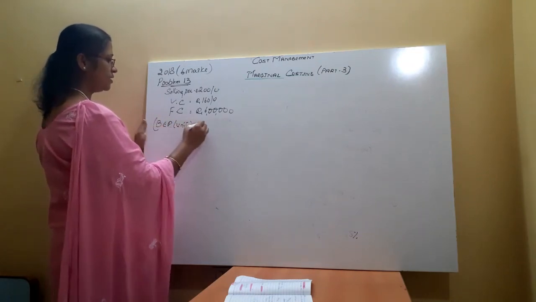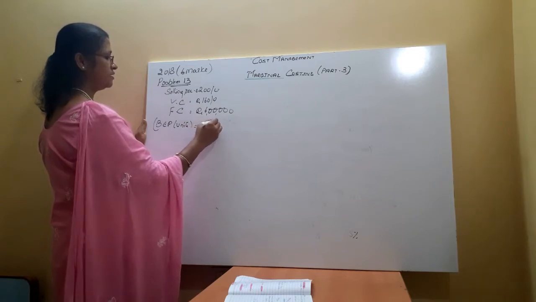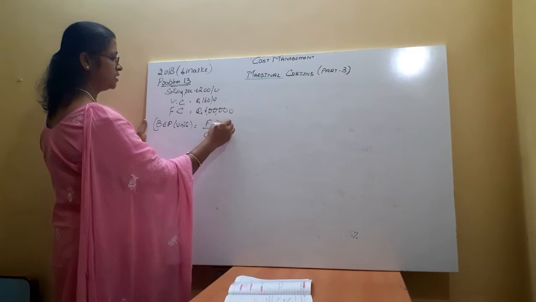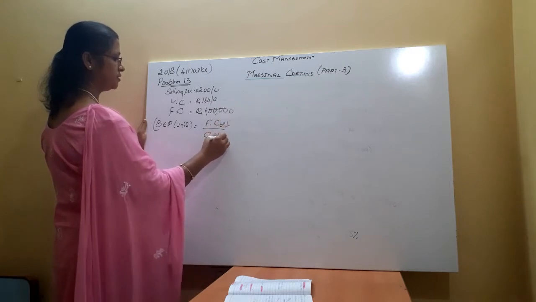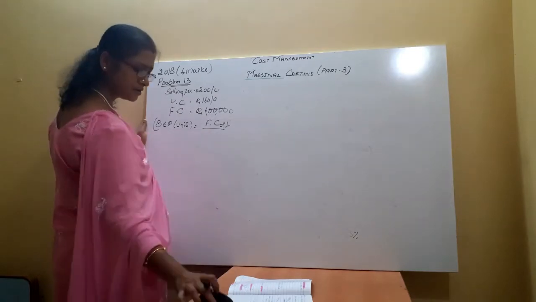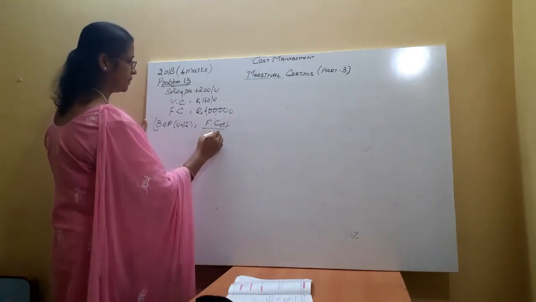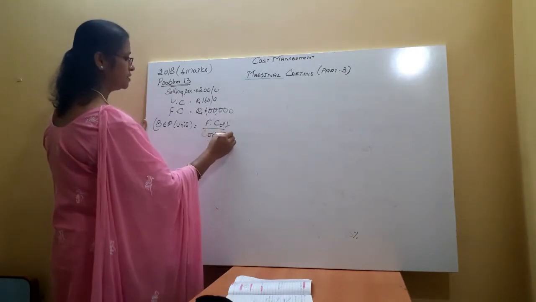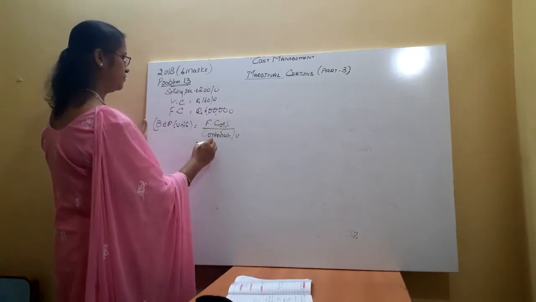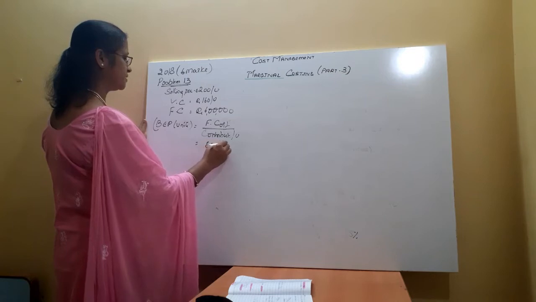For BEP in units we need fixed cost divided by contribution per unit. To find the contribution, fixed cost is given as 6 lakhs.